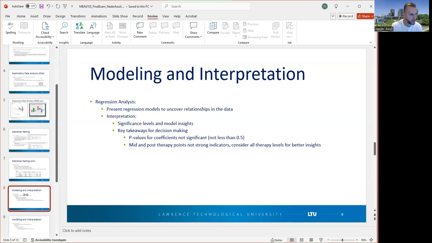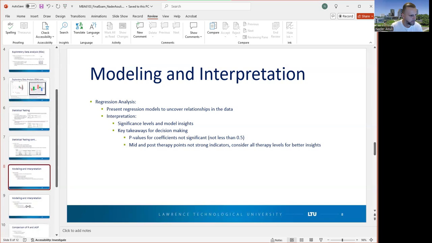Key takeaways for decision making: the p-values for the coefficients are not significant, not less than 0.05. Also, the mid and post therapy points are not strong indicators. We should consider all the therapy levels for better insight. And using the graphs we saw earlier gives us a better visualization of the data.